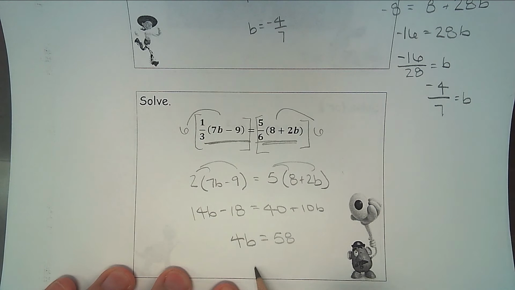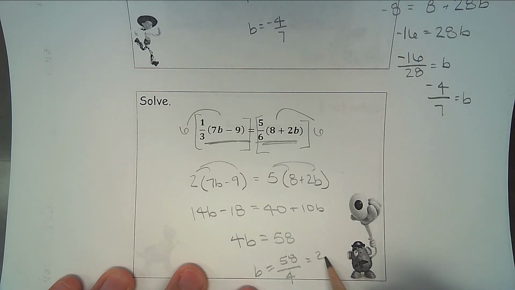Divide both sides by 4, and I end up with 58 over 4. But I can reduce that. 2 goes into both of those, and it'll become 29 over 2 as my answer. If I would have just dealt with the fractions and kept them nasty as it was, I would have gotten down to the same answer.